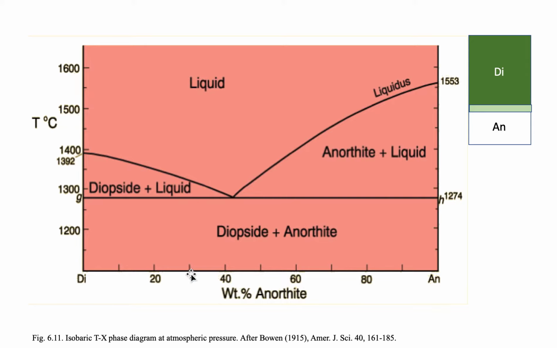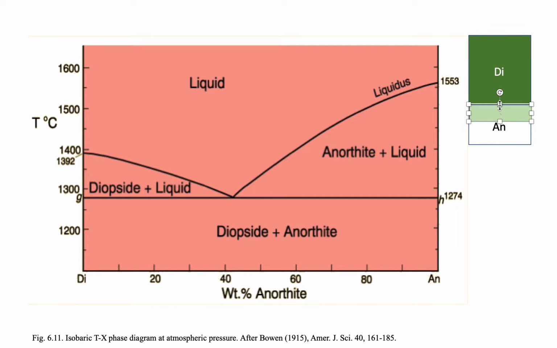Now, with this composition that is mostly diopside over here, as we follow the bulk composition upwards, we would eventually hit the diopside plus liquid field. The only way we could do that is by melting out anorthite first. So as we increase the heat, the temperature will stay fixed. That's kind of a tricky part. But as we increase the heat, the melt will grow.